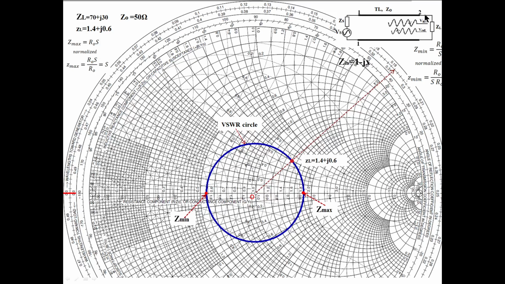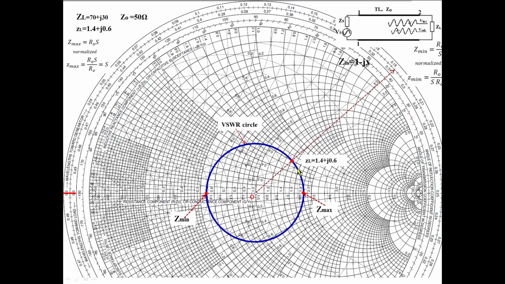So I am traveling like this, and I want to find out the distance at which the impedance's real value, the resistance, is 1, and x may be anything. I want to move over a transmission line from the load point.